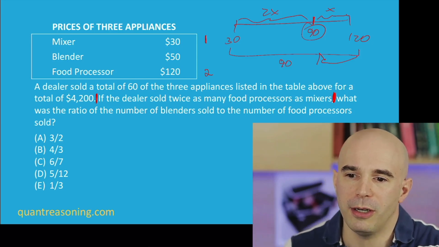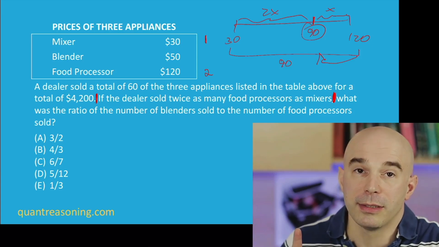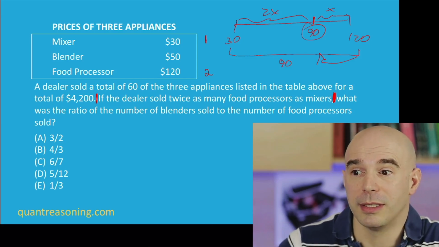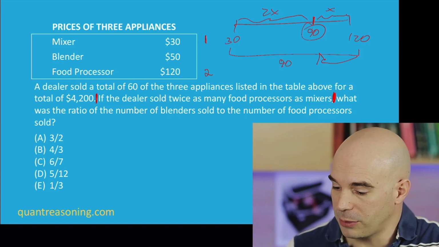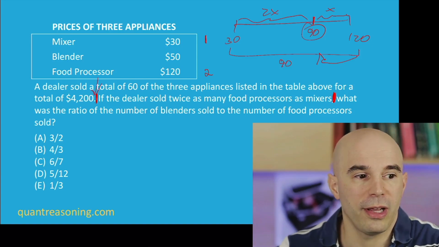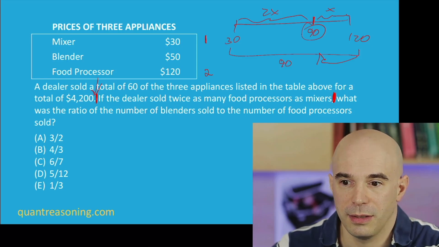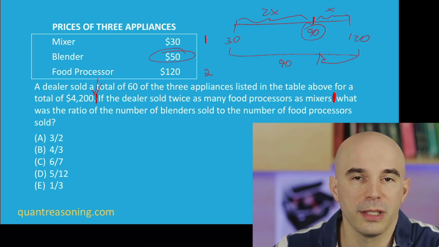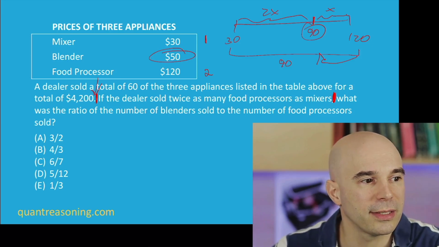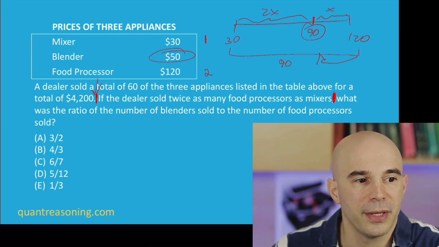So if we pause at the comma and we infer that the average price per appliance, excluding the blenders, is $90, and remember the first inference we made was the total overall average was $70, and we know that each blender is $50, well, isn't that so interesting that the $70 overall average is exactly halfway between 50 and 90?